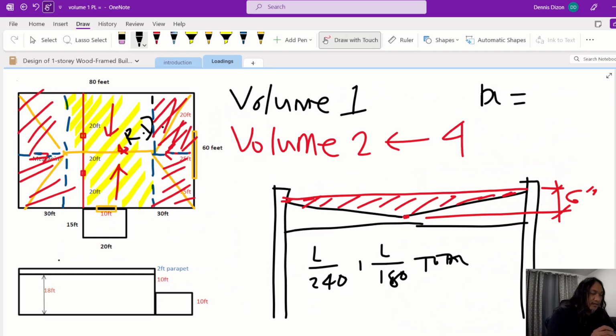So our dead load is 30 PSF. And then our roof snow load is 38.9.